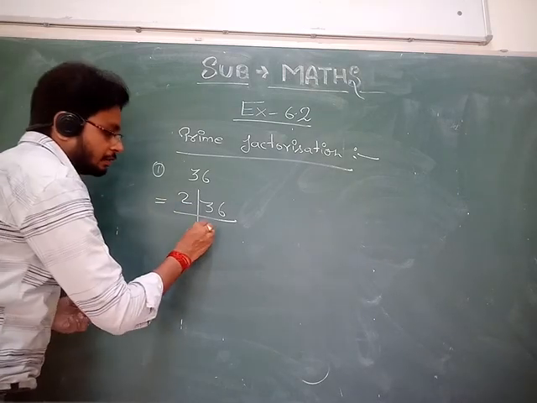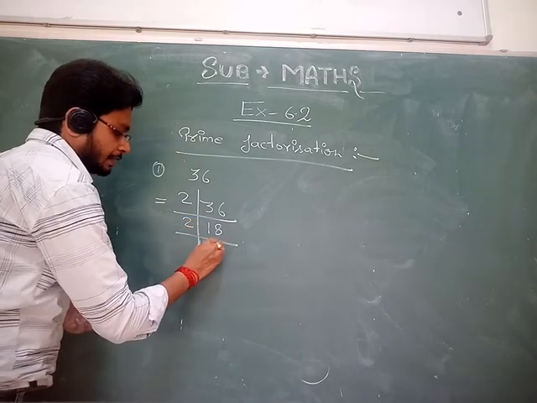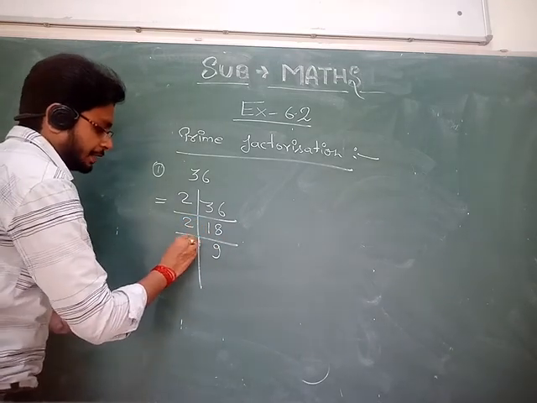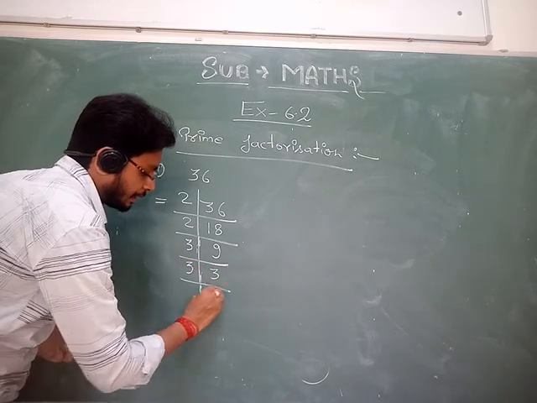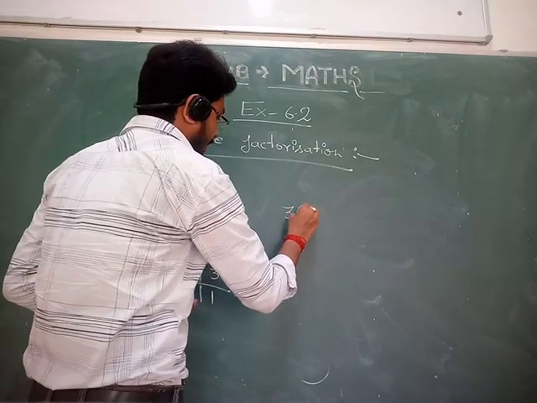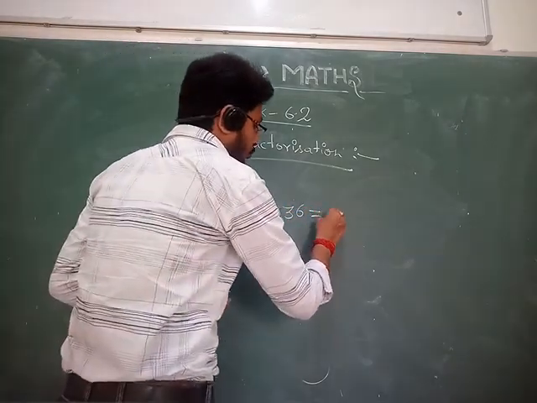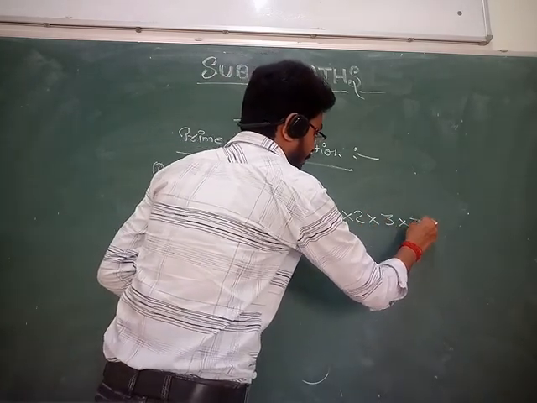What you will get? 2 1s are 2, 2 9s are 18... 3 3s are 9 and 3 1s are 3. These are the factors. So you get 36 is equal to 2 into 2 into 3 into 3.